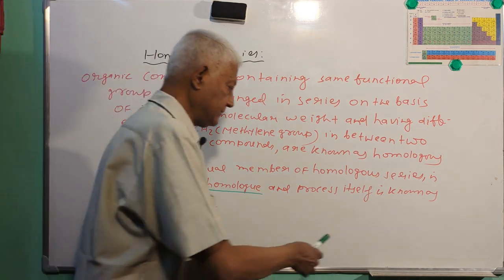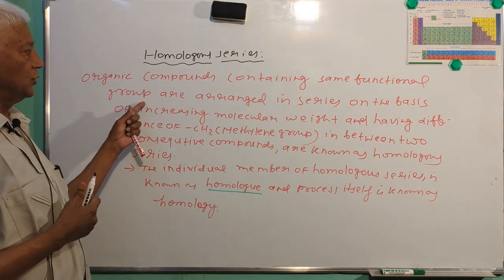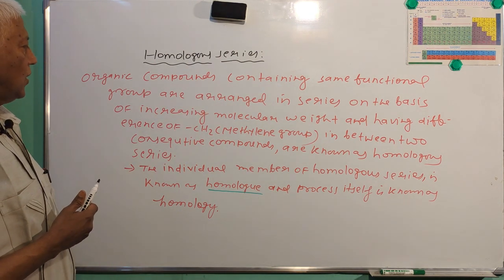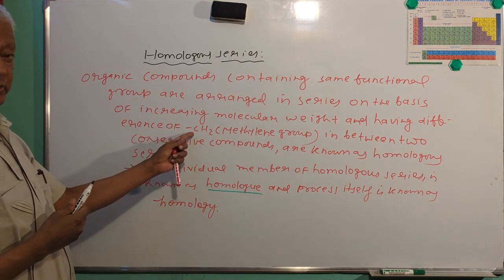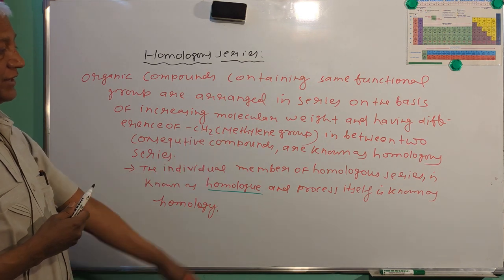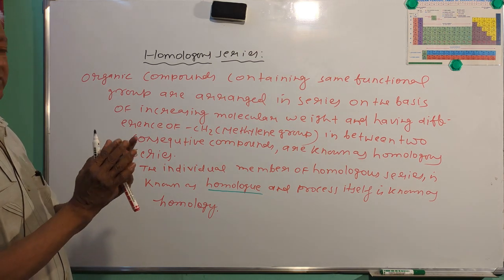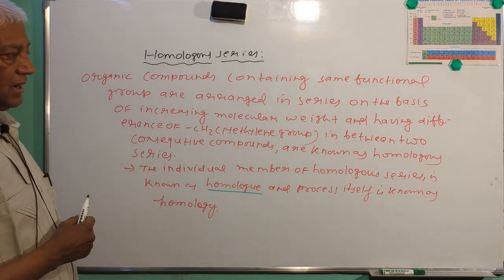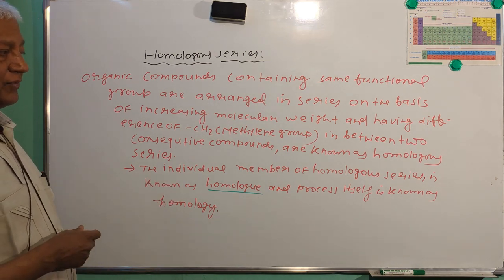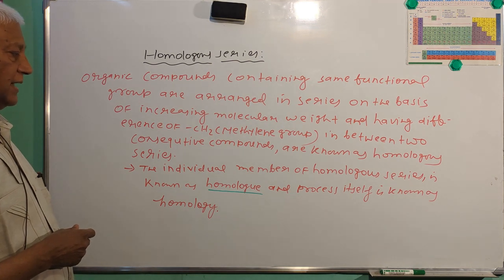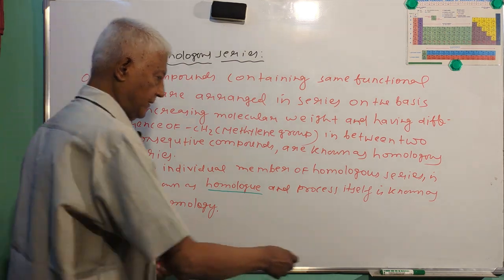So what you see over here: compounds containing the same functional group are arranged in series on the basis of increasing molecular weight and having a difference of CH2, also known as methylene group, in between two consecutive compounds, one after another, are known as homologous series. The individual member of a homologous series is known as homologue, and the process itself is known as homology.